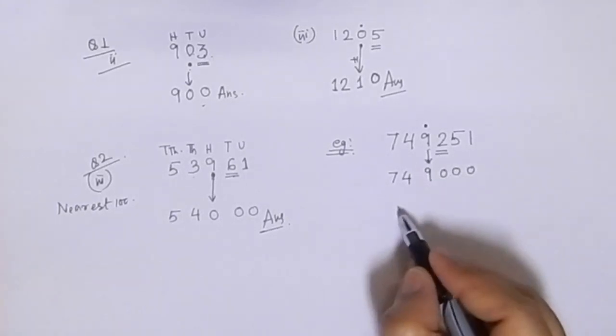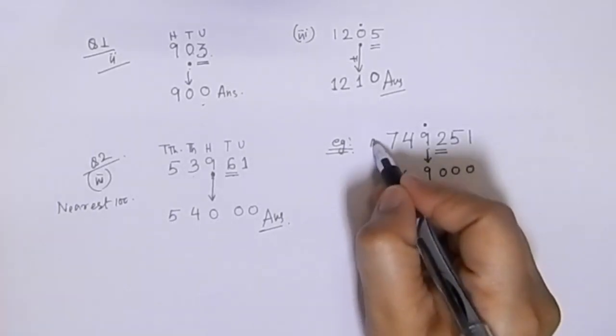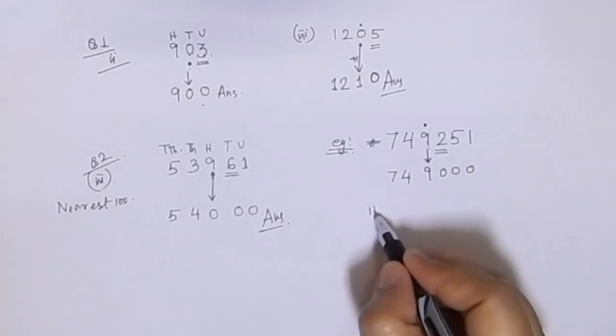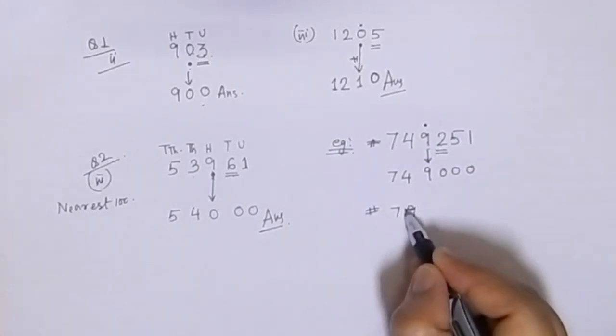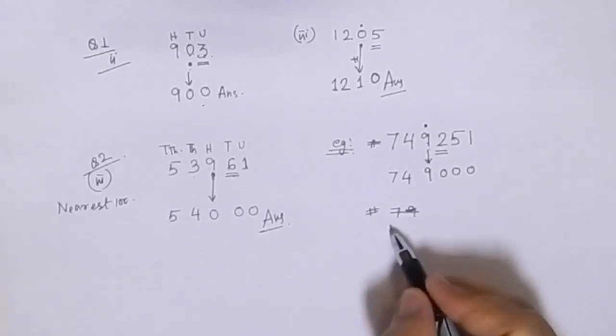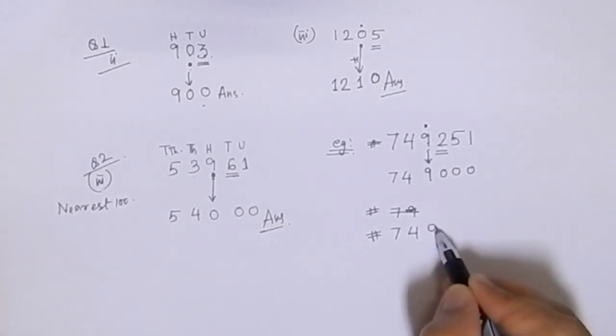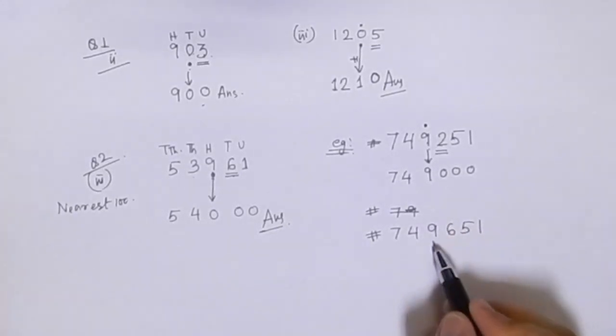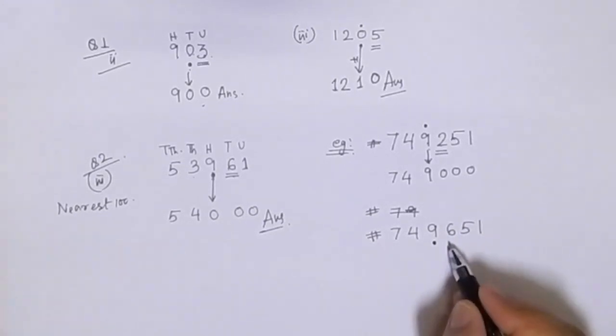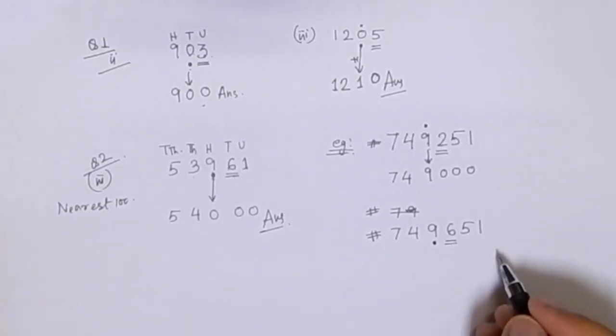But if in the same number, instead of 2 over here, it had another number, 74961. This is another example, and you have to round off to this position. Then see, this number is more than 5.